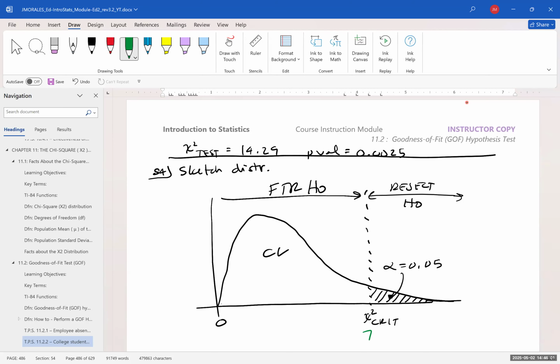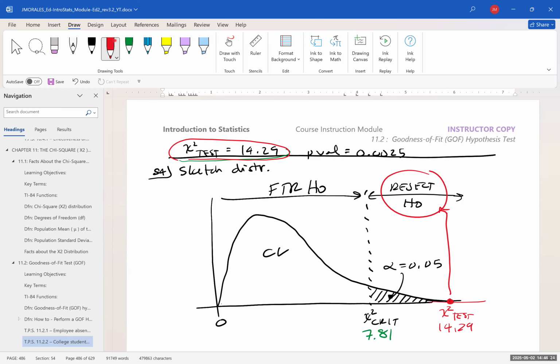So we have a critical value of 7.81. And so our test statistic is 14.29. So 14.29 is clearly going to be up here. Which if we draw up, telling us to reject the null.